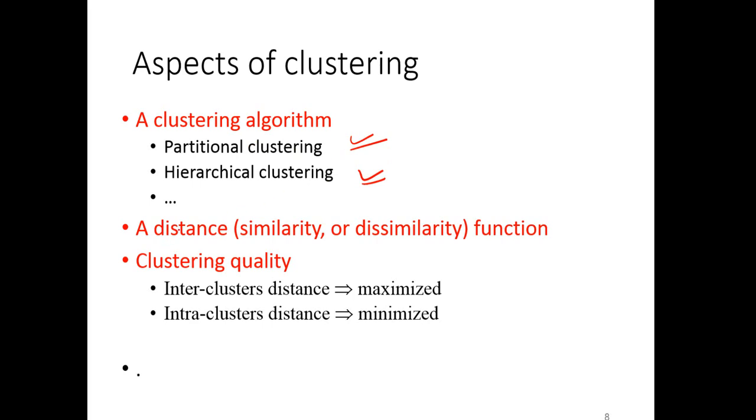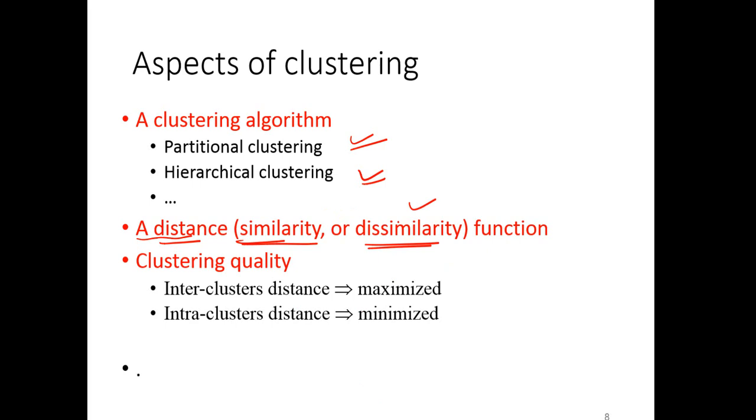What is also important in clustering, as I was talking about a few slides before, is that we need to measure the distance between points. Measuring the distance between points is important to know the similarity and dissimilarity, because we want to group similar data points and differentiate dissimilar data points, right?